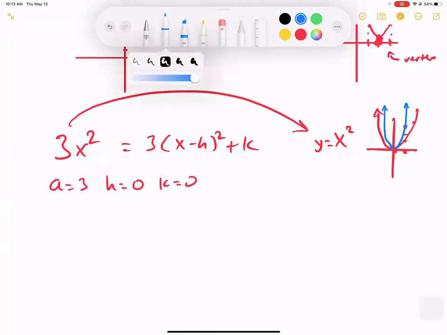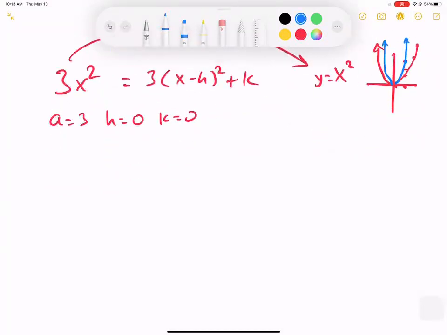So let's go ahead and graph 3 different versions of this. And let's see if we can figure out what the h and k are for all these 3. So y is equal to 2 times (x minus 3) squared plus 1, okay? Y is equal to 2 times (x minus 5) squared, and y is equal to negative x squared plus 1.